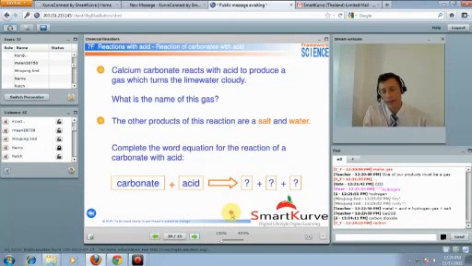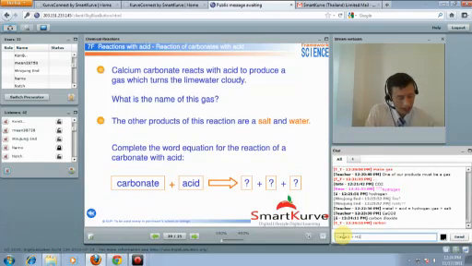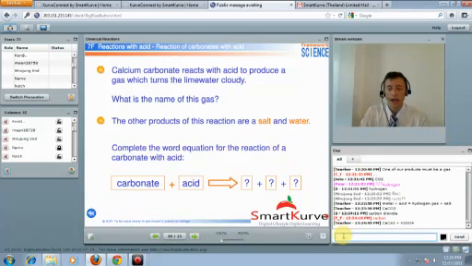Good. To give you an example, let's say CaCO3 plus, and we'll take an acid like sulfuric acid, which would be H2SO4. Here, that would be calcium carbonate with sulfuric acid.